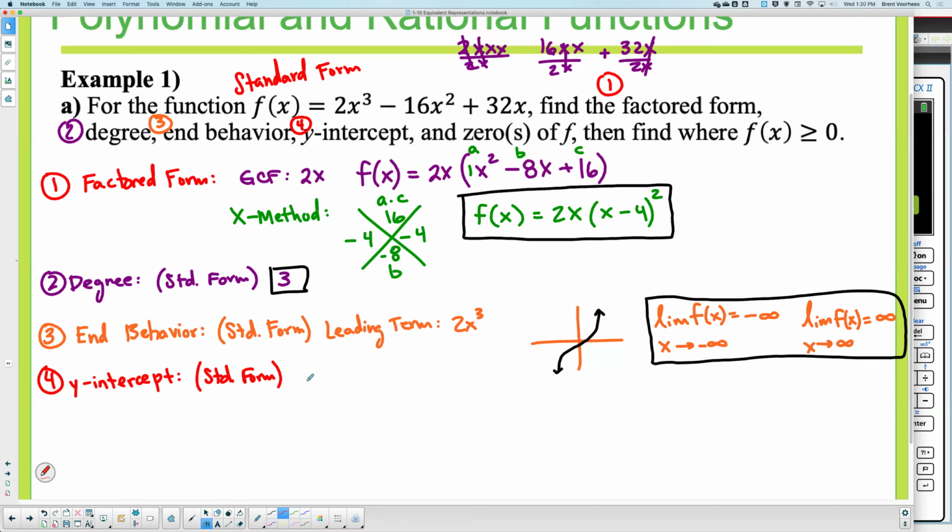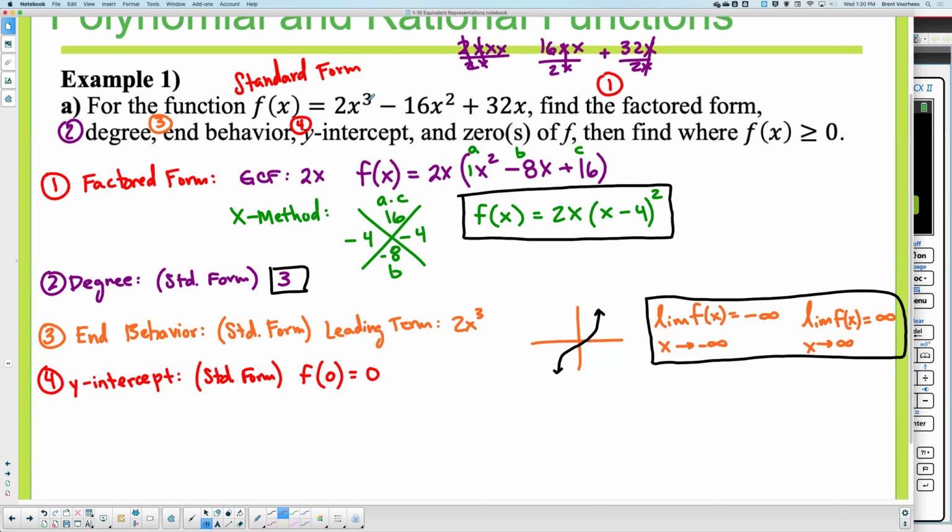And so the way to represent that is, rather than writing it out in English, I'm just going to show you the symbol. f of 0 is what I'm going to write down. If I plug a 0 into standard form, what is 2 times 0 cubed? 0. Minus 16 times 0 squared, 0. Plus 32 times 0, 0. What's going to happen if you plug in 0?